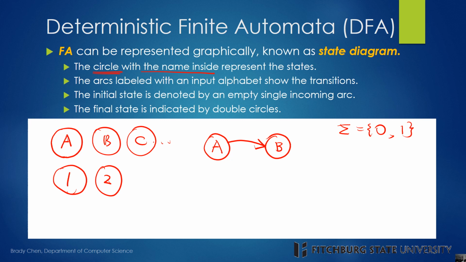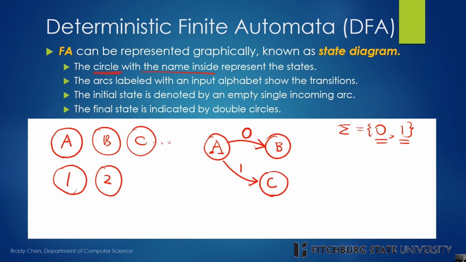So then the arc is labeled with either 0 or 1. This actually defines the transition. So the transition has two elements. One is the state, and the other one is the label. The label has to be one of the symbols defined in the set of symbols.